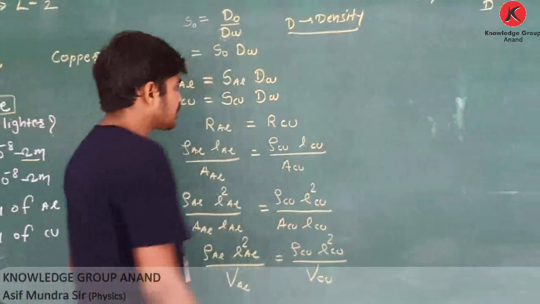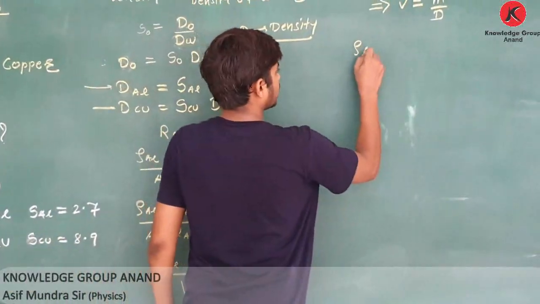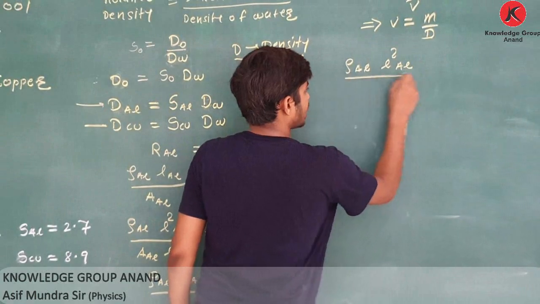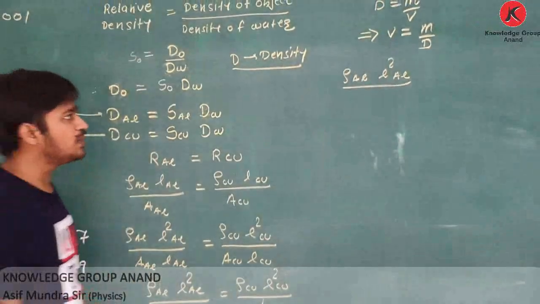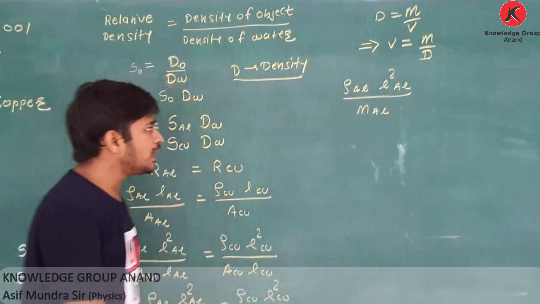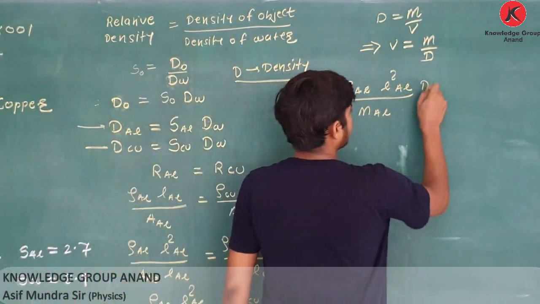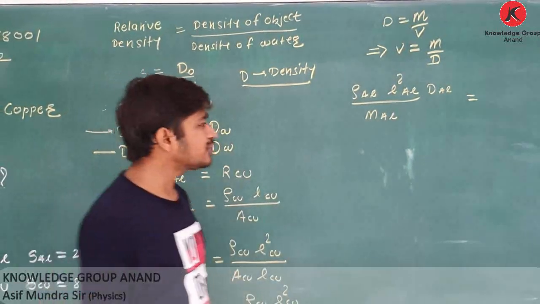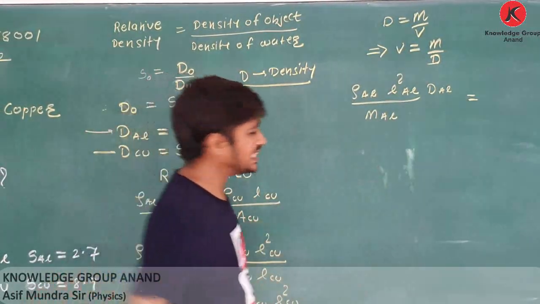Then what is the equation? See, here it is rho L squared Al divided by V of aluminium, which means mass of aluminium upon density of aluminium. On the right hand side, you do not have to think, just replace Al by Cu.